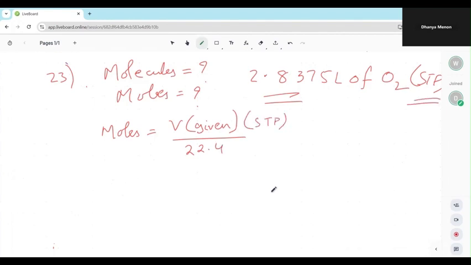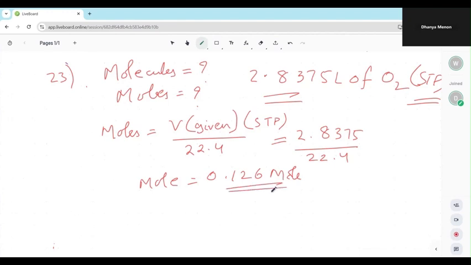So it's a direct question. The volume given is 2.8375 over 22.4. So how much is the number of moles? 0.126 mole. So one part of the question is done.